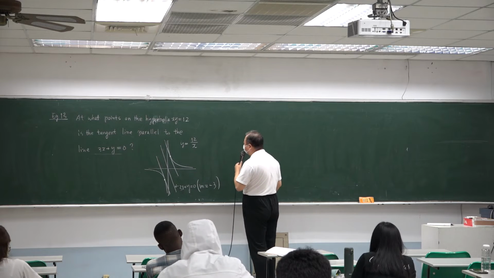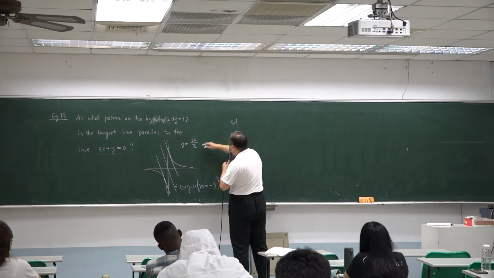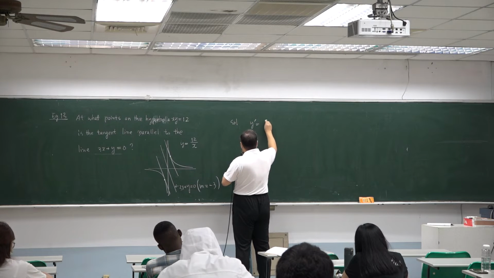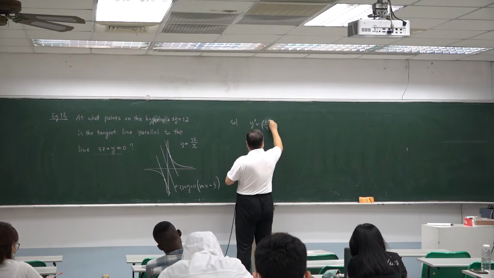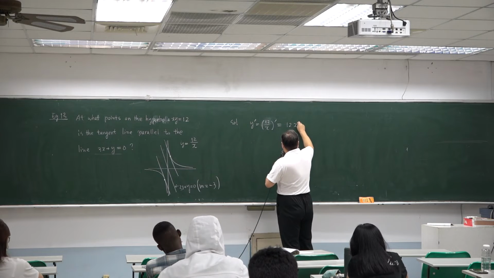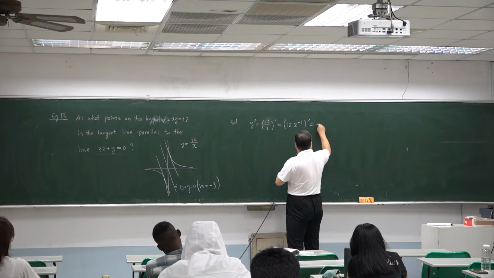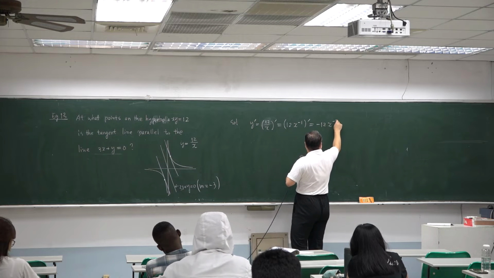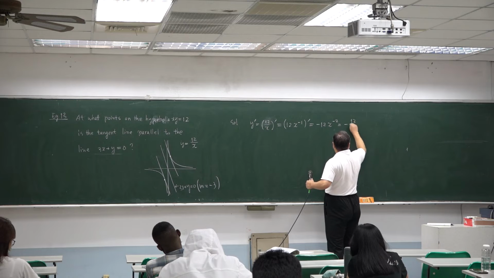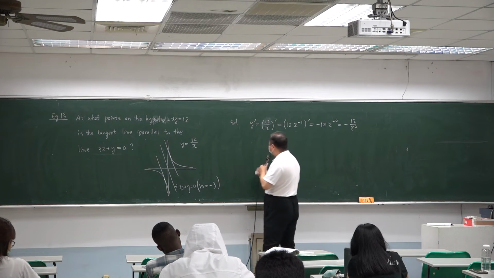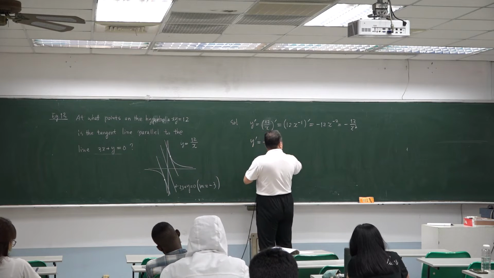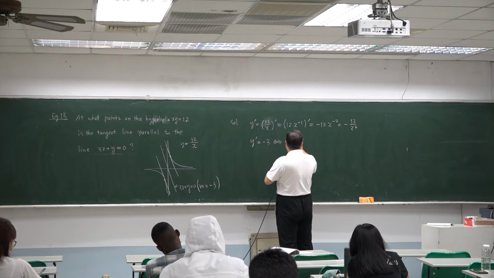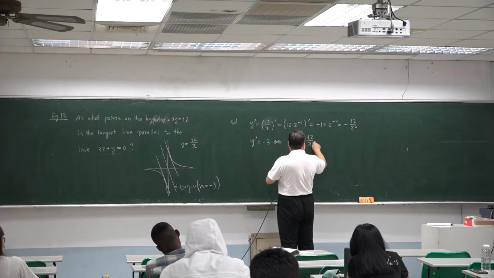Slope equals minus 3. All we have to do is find the slope function. Setting it equal to minus 3 is equivalent to minus 3 equals minus 12 over x squared.